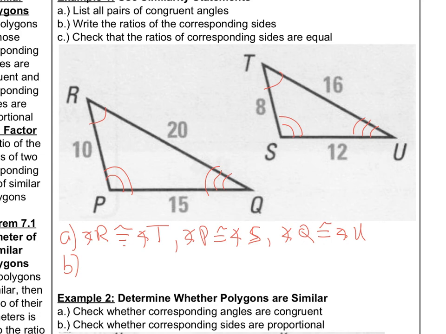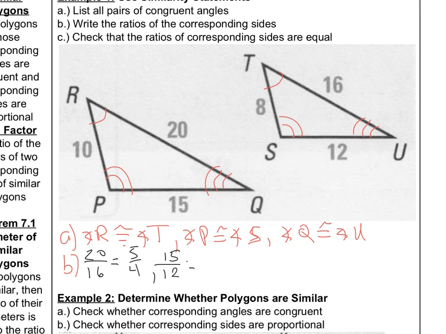So for this one, let's go big over little. So it would be 20 over 16, which reduces to 5 over 4. Then we got to check the other side. So we're going to take 15 over 12, because these are, again, corresponding sides.